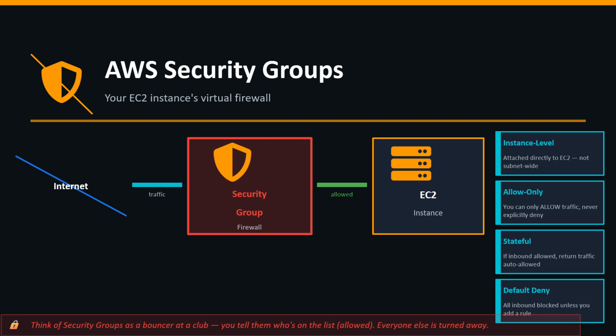It only allows traffic, and there is no explicit deny. And it is stateful. What is stateful? If we allow the inbound rule, the outbound rule is automatically allowed. By default, all inbound is denied and blocked until you add a rule.